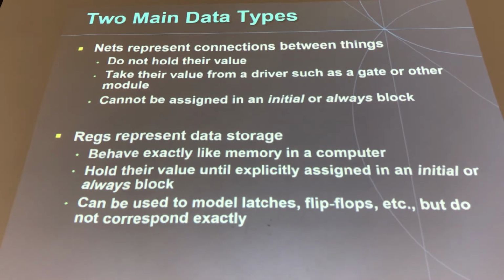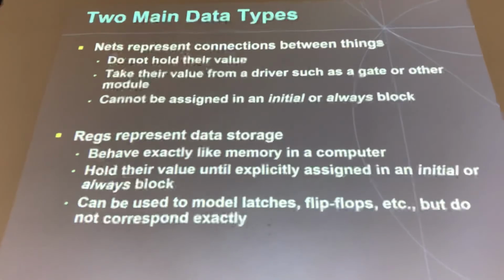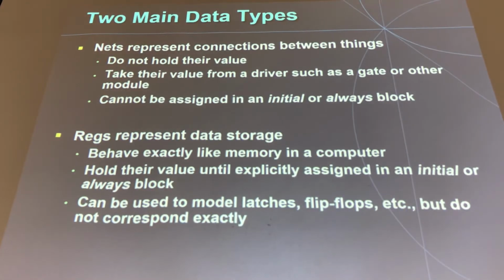In VLSI, net or wire, they're simply the name of a wire, the name of a signal of a wire or net, to represent connection between things. For example, a gate, input output signal of a gate. They do not hold their value. Okay?